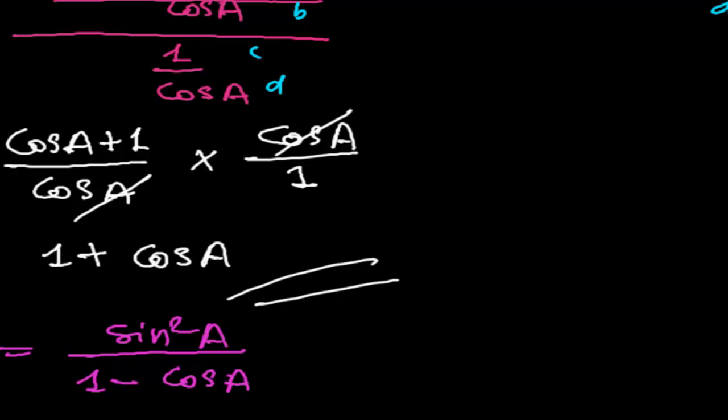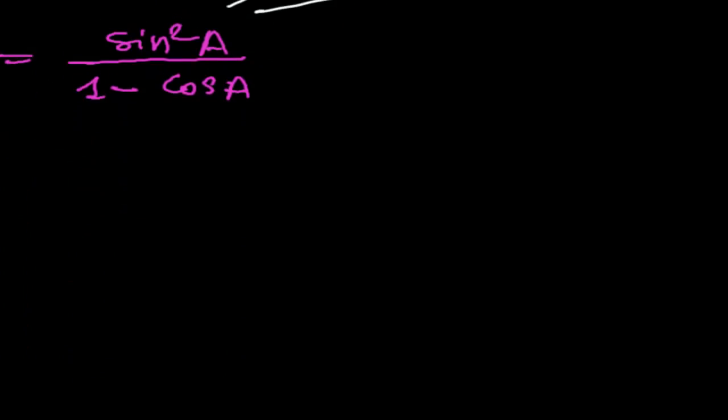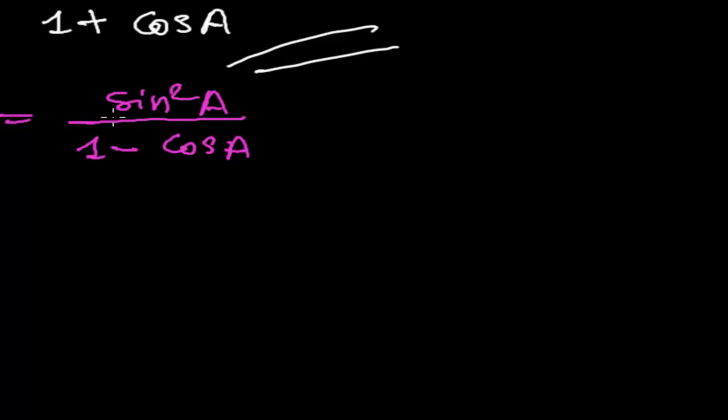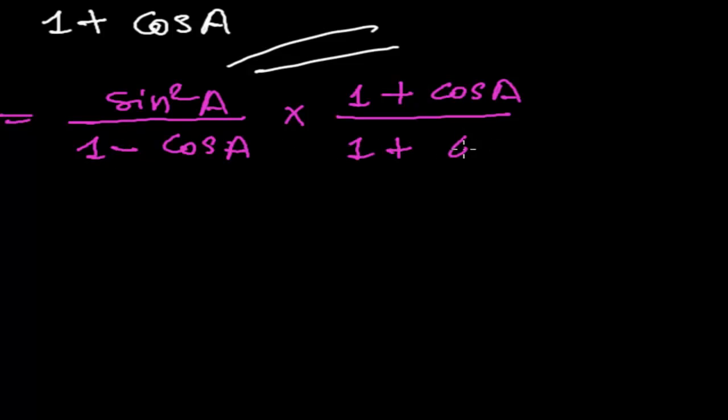And what can I do here? There is no way to do anything, because this is already in sin and cos form. So one thing I can do is rationalize it, conjugate it with 1 plus cos a. I'm just taking the negative sign, so 1 plus cos a.